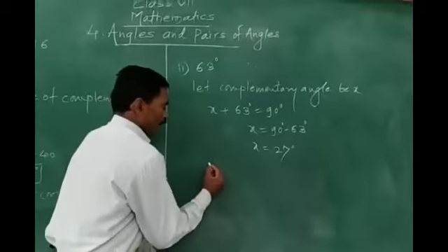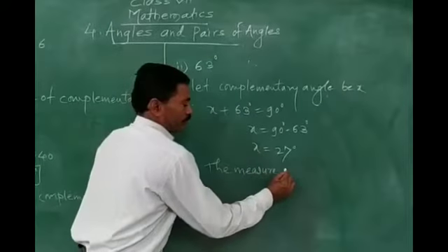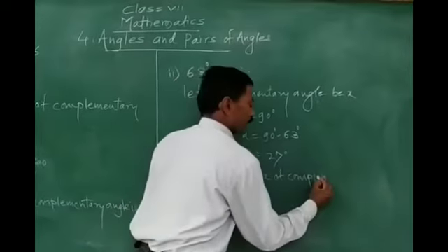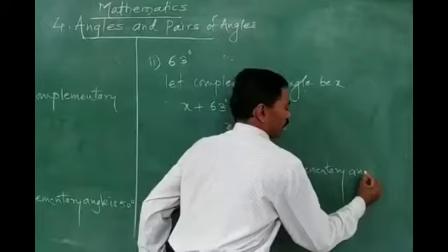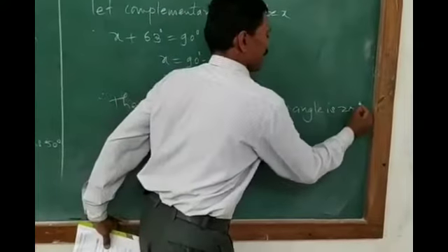Therefore, the measure of the complementary angle is 27 degrees.